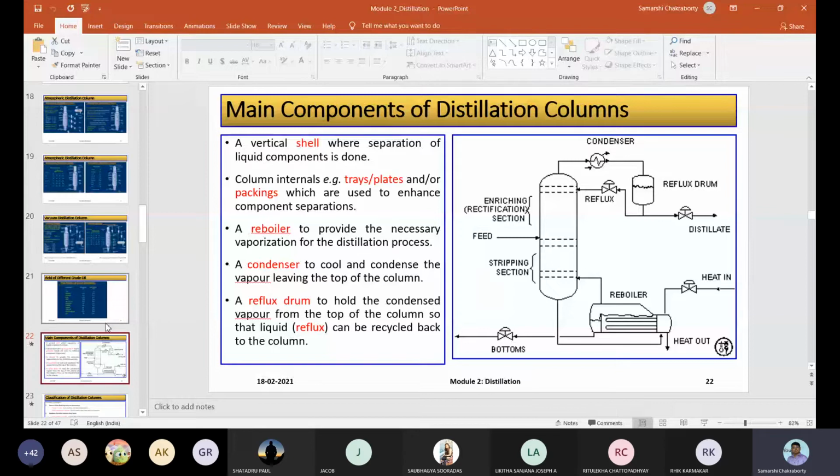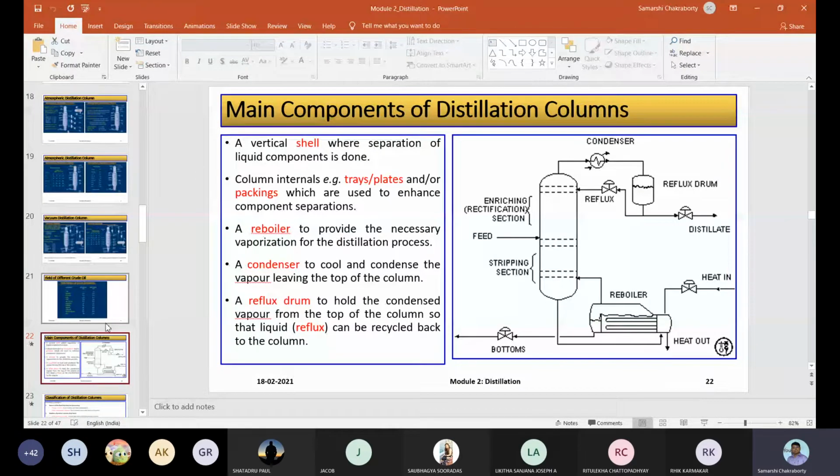The distillation column can be classified into two separate zones. At the middle point, your feed is entering the distillation column. Whatever is above that feed tray, you can call the enriching or rectification section. And whatever is below the feed tray, you have to call the stripping section.